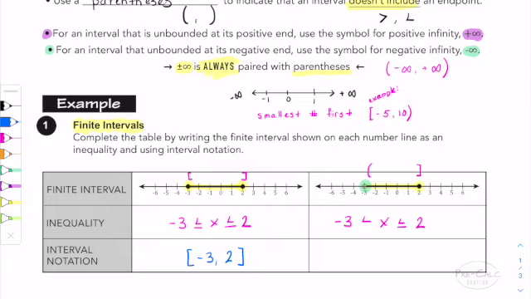And in interval notation, we would use a parenthesis with -3, comma 2 with a square bracket. You can mix square brackets and parentheses. It's specific to the point, so make sure you pay attention to where the point is and how it is written. Also note that in both of these examples, the smallest number is first.